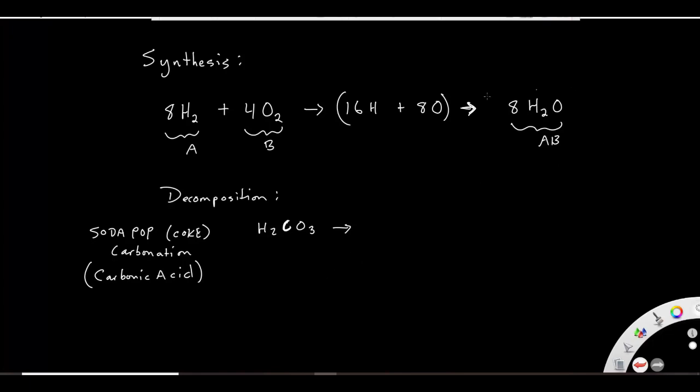Now, we had two constituents A and B above, and we called hydrogen our A and oxygen our B. And then we called water molecules our AB. But we chose to call water molecules our AB because we were considering this from a standpoint of what it used to be versus what it is, and it came together to be a water molecule.